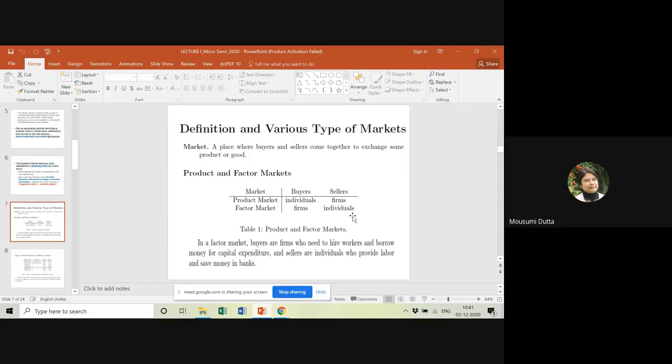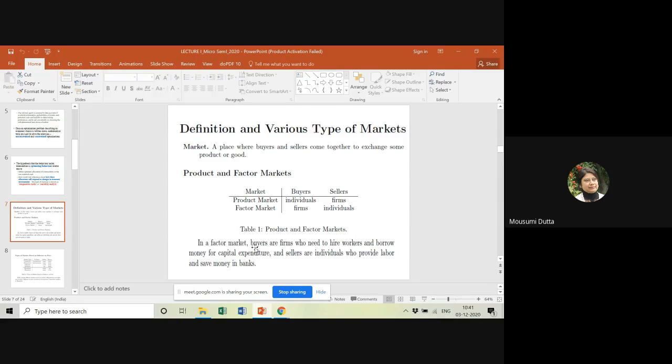You may have some land, we can sell our labor. Or I may have some raw materials, then also I can sell this. And firms are the buyers. So the reverse relation holds between these two markets, the commodity market and the factor markets.